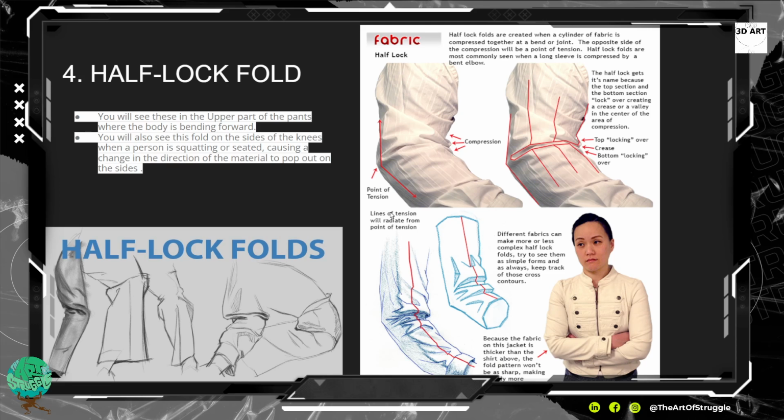All right. So the lines of tension will radiate from the point of the tension. You can see that we've got this broad line right here, right? If you think about it like an EKG, those little heartbeat things that go beep, beep, beep, beep in the movies, you can see that this person's flatlining.